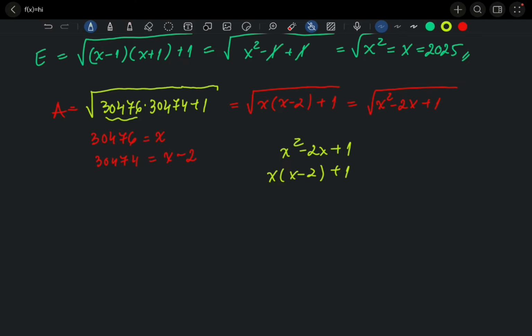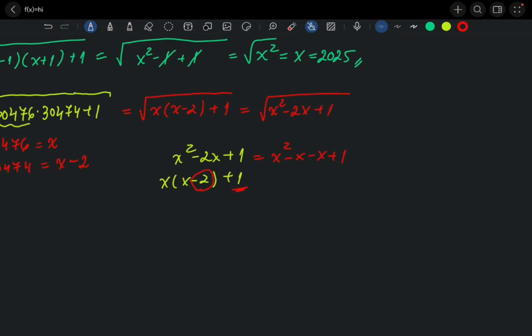And now we are stuck. But wait, we have a 1 left on the outside. So let's try, instead of the negative 2 into the parentheses, let's try to have a 1 for starters. So x squared minus 2x plus 1 is equal to x squared, and we decompose negative 2x as negative x minus x, and all of this plus 1.